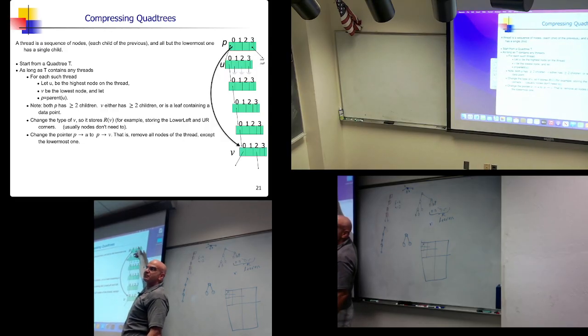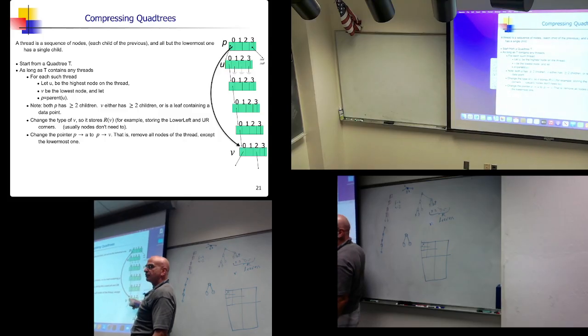Why? Otherwise it was part of the shred as well. So the parent has at least 2 children. One of the children points to U, and I'm doing the obvious: just take the pointer that points to U and make it point to the last node of this shred, and get rid of all these unnecessary nodes.